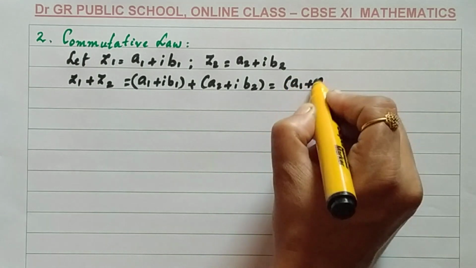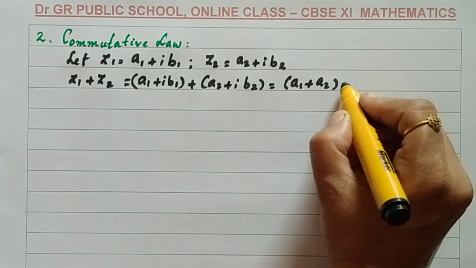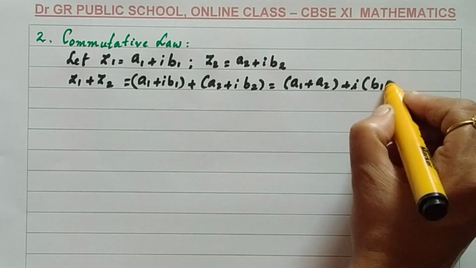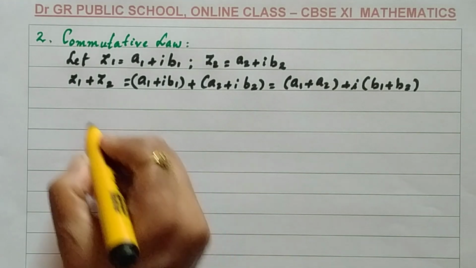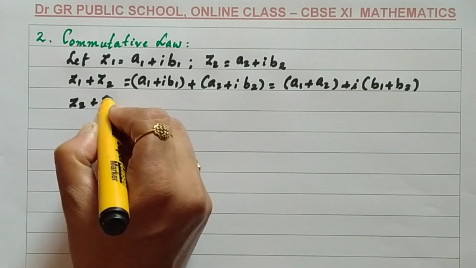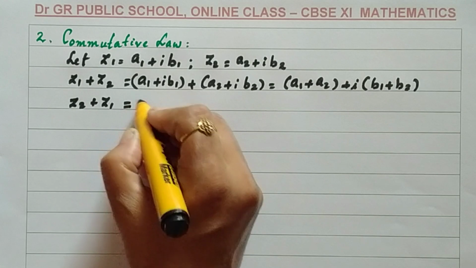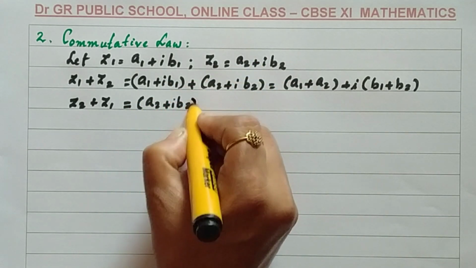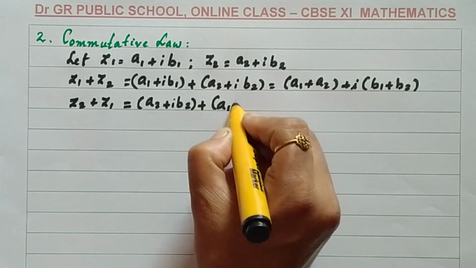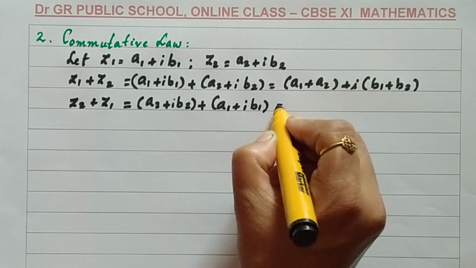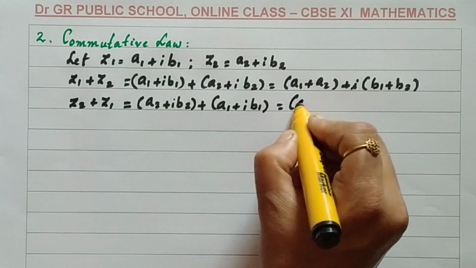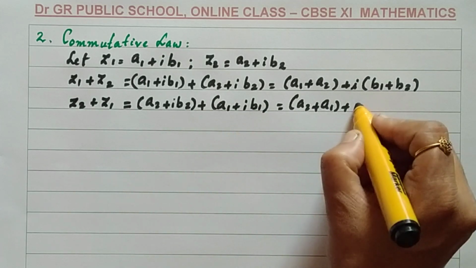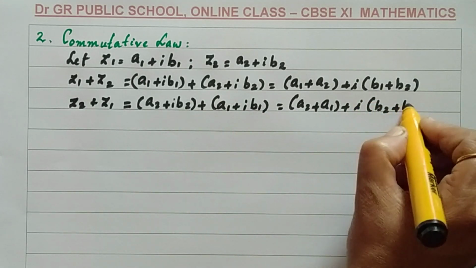Add the real parts separately, that is A1 plus A2, plus IB1 plus IB2. Taking I common outside, B1 plus B2. Now I am going to add Z2 plus Z1. Z2 is A2 plus IB2, added with A1 plus IB1. Here also A2 plus A1 in one bracket, plus IB2 plus IB1 can be written as I into B2 plus B1.